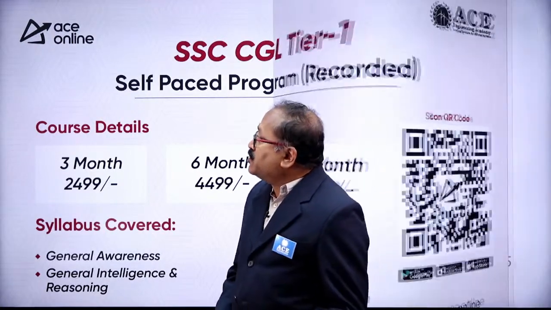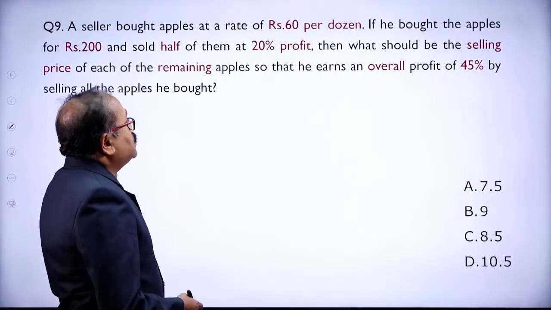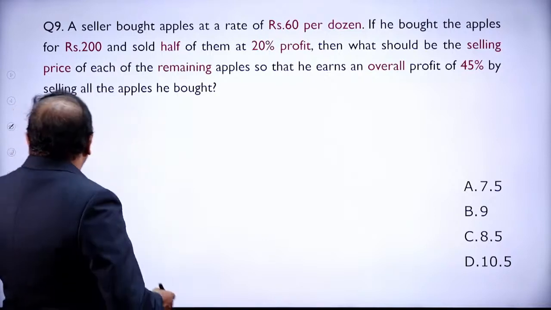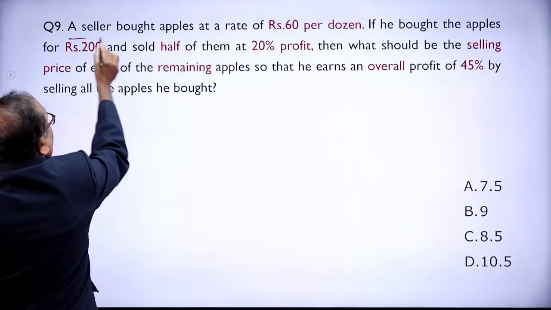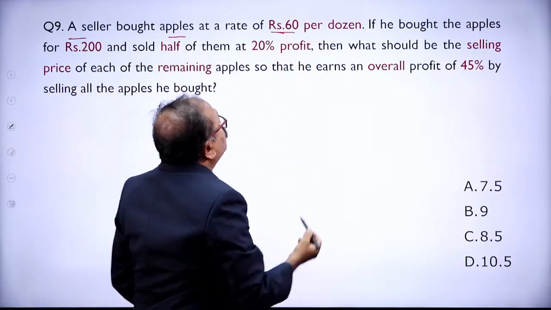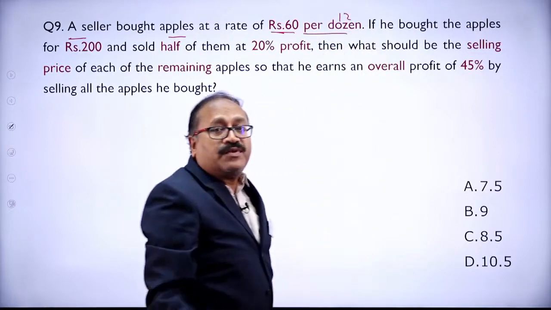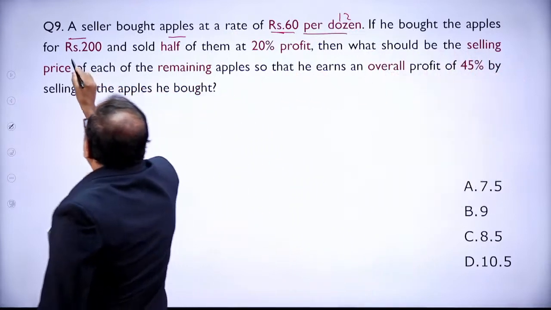And coming to today's topic, that is quantitative aptitude. Let's see the question I have picked up for you, my friends. It says that a seller bought apples at a rate of rupees 60 per dozen, that is 12 apples for rupees 60.